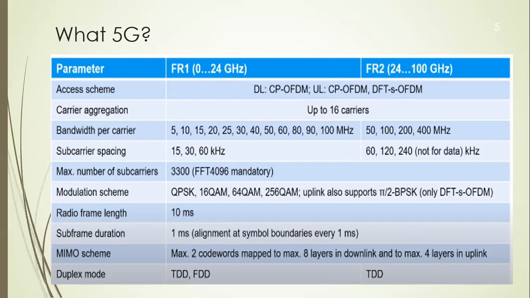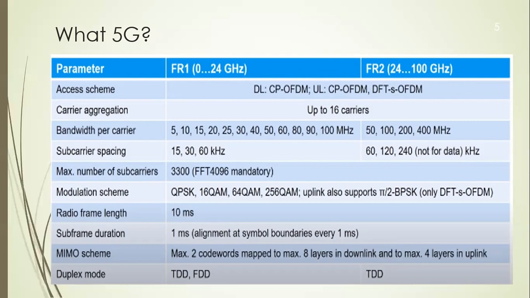In LTE, I think only 5 component carriers can be aggregated. Bandwidth per component carrier can range from 5 megahertz to 100 megahertz for FR1, frequency range 1, that is sub 6 gigahertz. And for FR2 frequency bands, it is 50 megahertz to 400 megahertz.